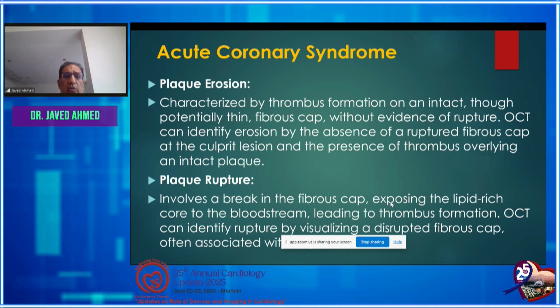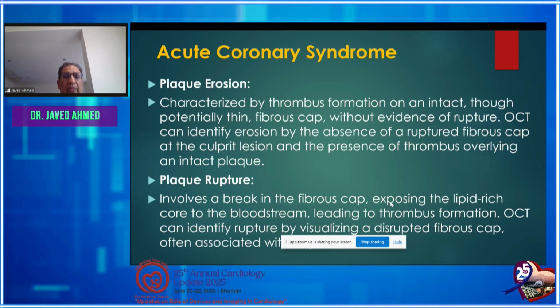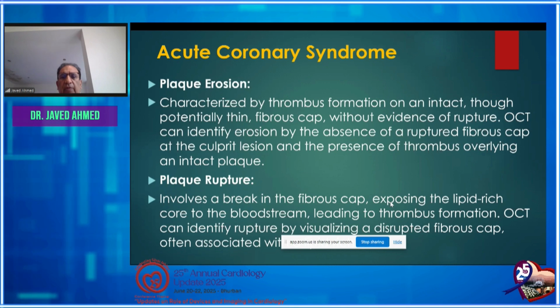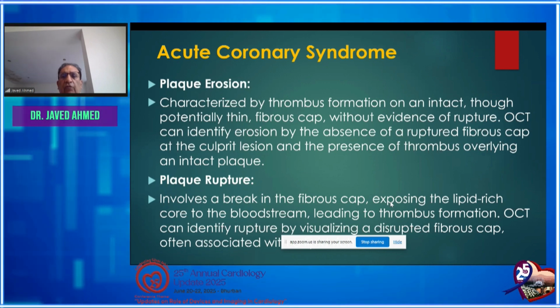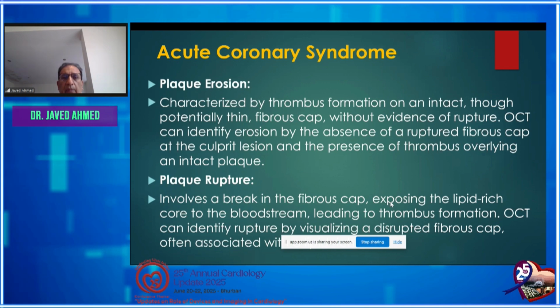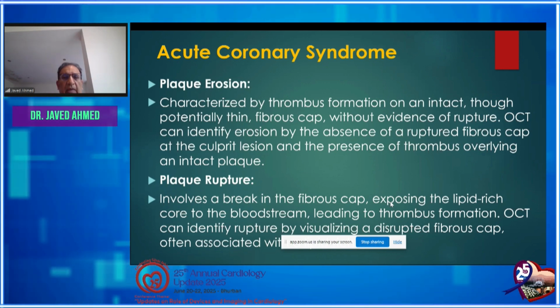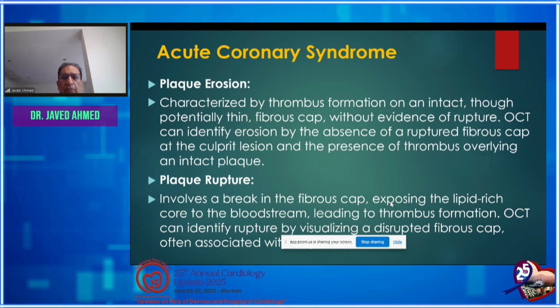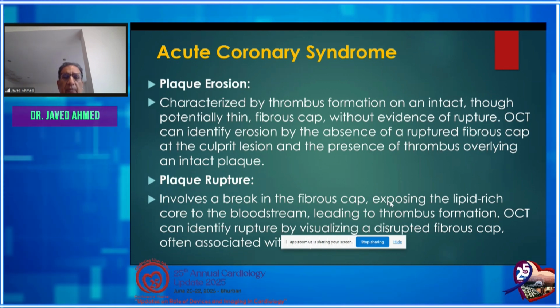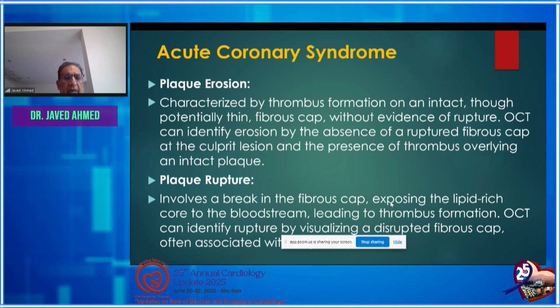The plaque erosion is usually characterized by thrombus formation on an intact, though potentially thin fibrous cap without evidence of a rupture. In plaque erosion, the intima is usually intact. OCT can identify erosion by absence of ruptured fibrous cap at the culprit region and the presence of thrombus overlying an intact plaque.